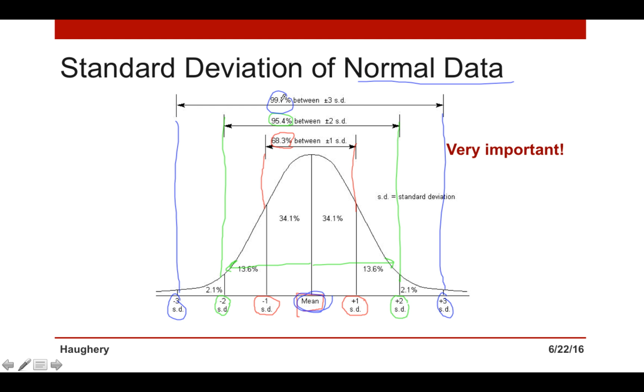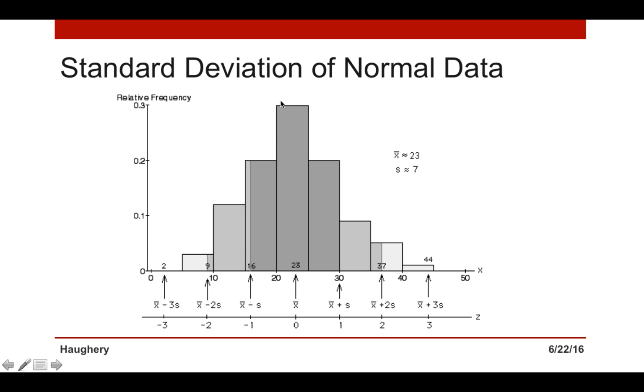Where this becomes important is in a lot of quality work, in manufacturing and agricultural scenarios, where we have collected data and we want to see how much of our data is within 95% of the average that we're shooting for. So maybe in this conversation we talk about the average as our target. We're trying to have an average of 23.